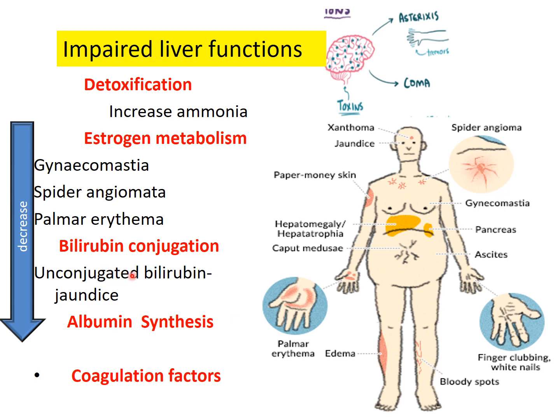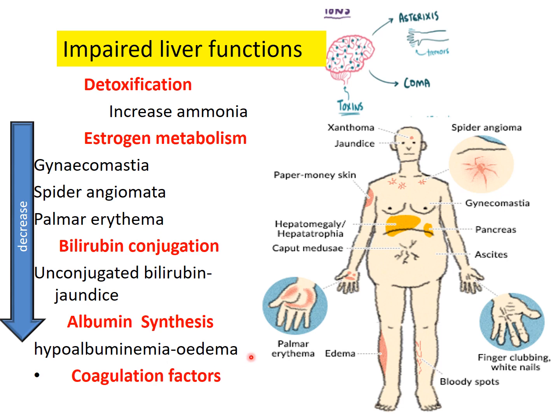Then bilirubin conjugation will be affected. More of unconjugated bilirubin will be there, resulting in jaundice, which is seen as yellowish discoloration of skin and mucous membrane. Then what will happen to the albumin? Again, it will be decreased, hypoalbuminemia.